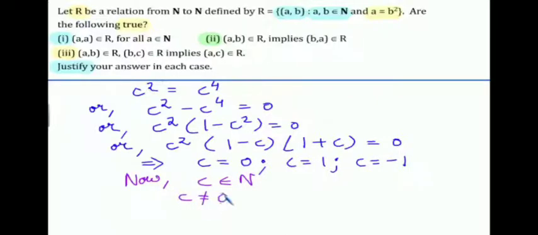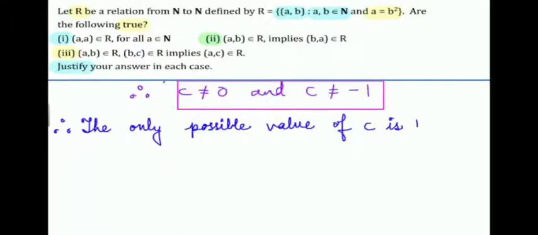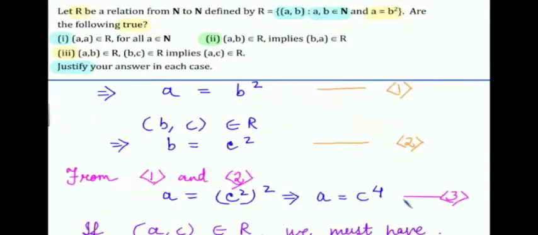So c never becomes 0 or -1. So this statement is only true when c is 1. The only possible value of c is 1. So this statement is also not true.